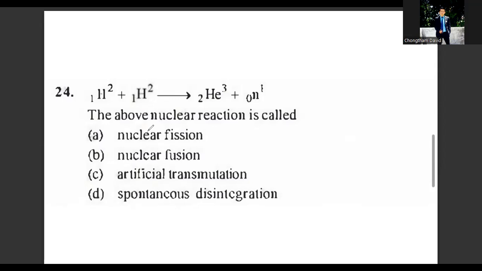And the mass of the heavier nucleus is always less than the sum of the masses of the lighter nuclei, which is converted according to Einstein's mass-energy relation, E equals mc squared. So for 24, nuclear fusion is the reaction for this particular question.